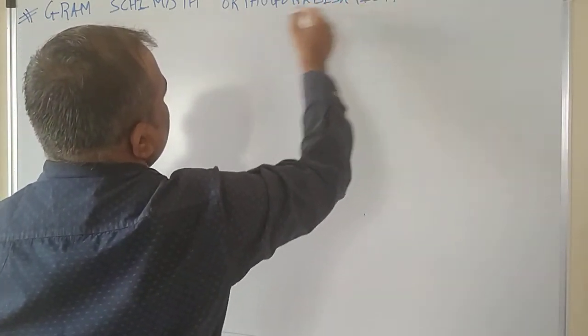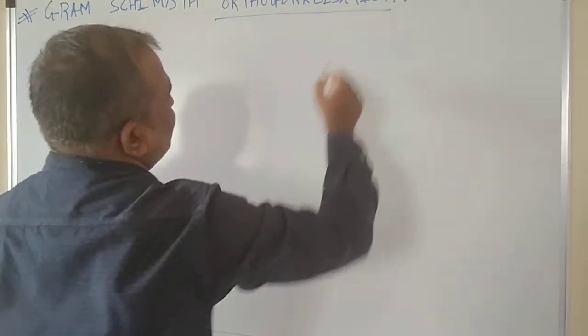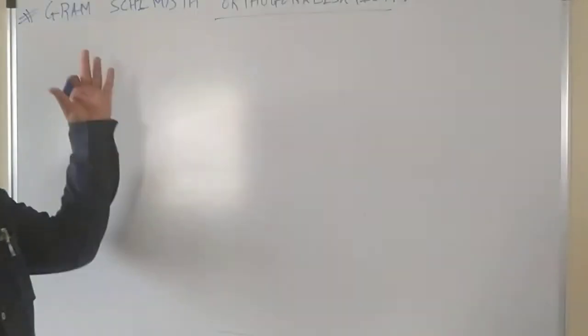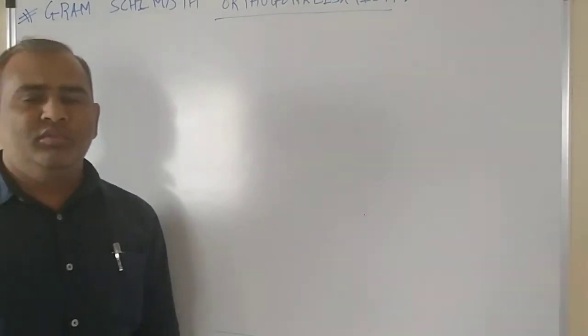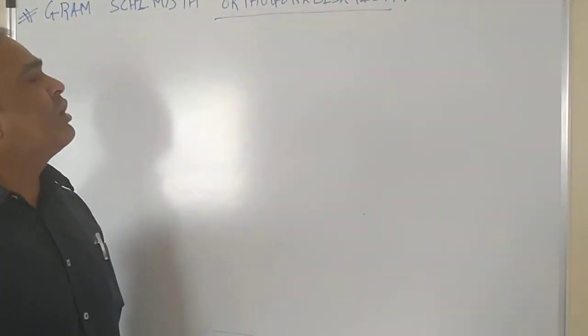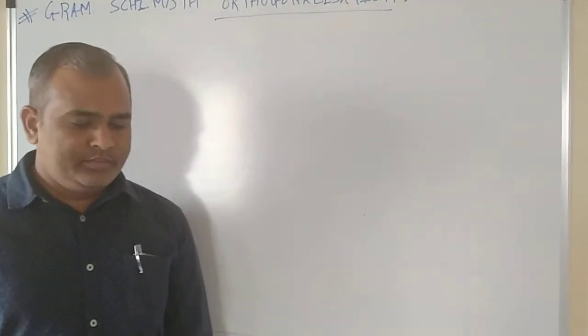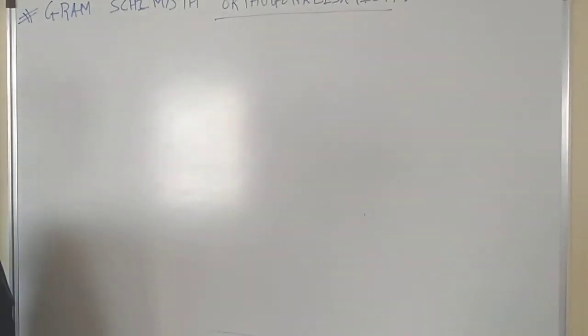Now, what is the procedure for Gram-Schmidt orthogonalization? Of course, by the name itself, this procedure gives you the orthogonalization. Gram-Schmidt orthogonalization is the process used to obtain orthonormal vectors from orthogonal vectors.